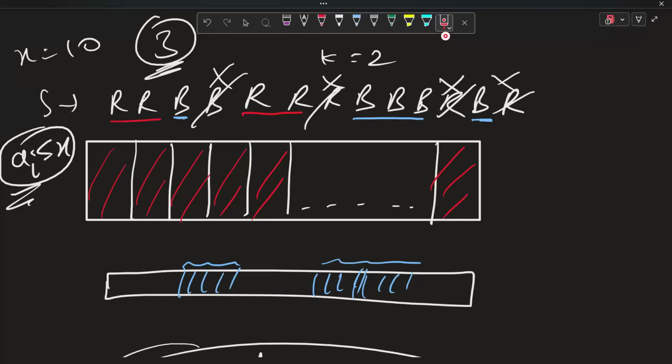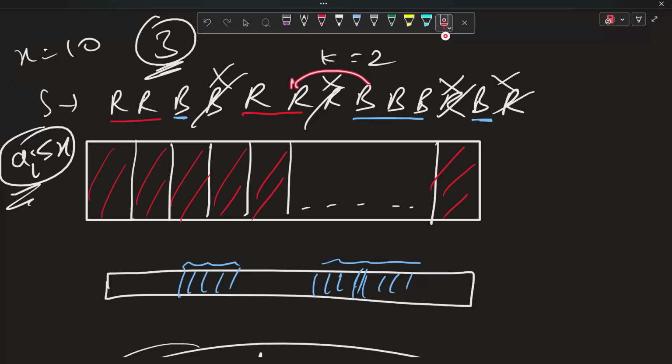So I hope now the logic is clear on what you need to do. How do you check these groups? Just start. If you have initially red, just ignore it. Whenever the first time you get a blue, add a +1 to your answer. Until you are getting blues, just continue. Once the color changes from blue to red, that group is over.